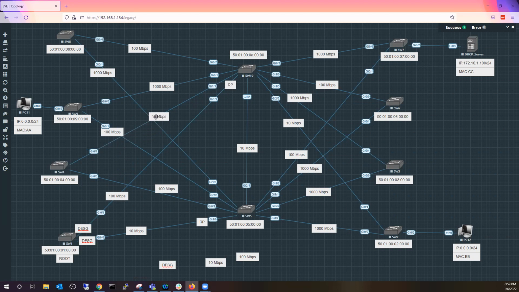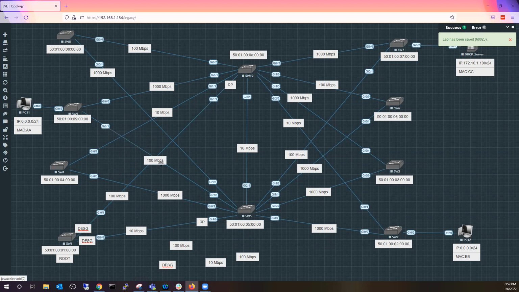All right, switch 4 should be 1,000 instead of 100. Yeah, change it to 1,000. Let's check all the links. I think that's all of them. Yep, that's all of them. Cool.